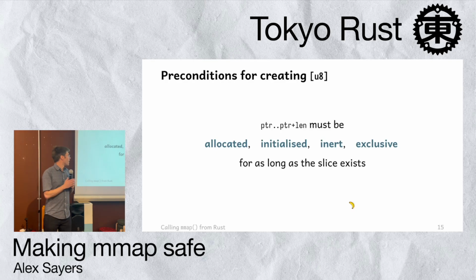And then finally, I'm saying that the memory has to be for the exclusive use of the slice that we're creating from it. So that means that if we're making a mutable slice, then all writes to this memory, so long as the slice exists, have to go via the slice. And if we're making a shared slice, then there better not be any writes to this memory at all. Like, it had better be immutable.